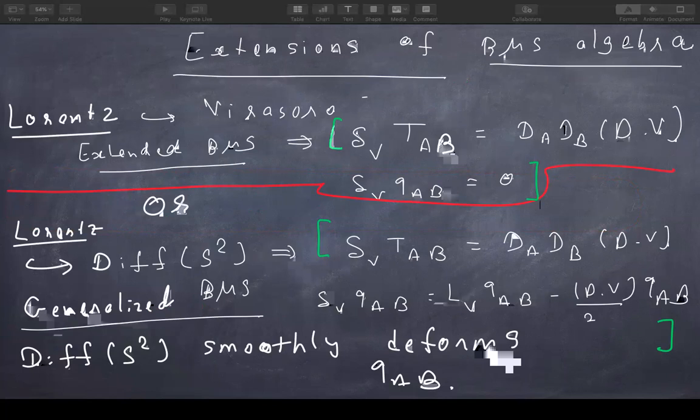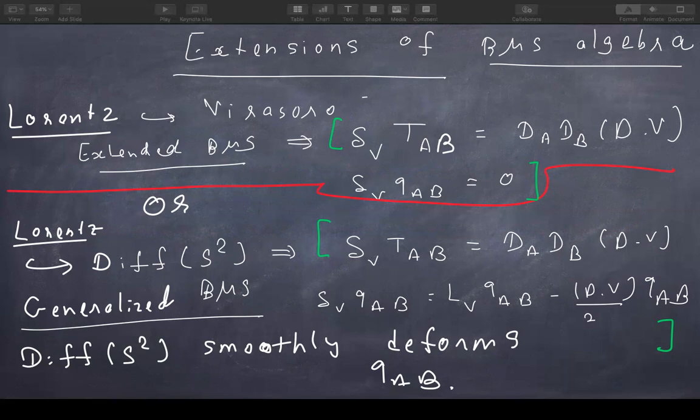One where you enhance the Lorentz algebra to the Virasoro algebra, and the key difference is that when you have these Virasoro symmetries, if your vector field V is a local conformal Killing field instead of just being SL2C, they deform this tensor T. So if you had the Virasoro, then they deform the tensor T in the way that is written there. And away from the points where the vector field has a pole, they do not change the sphere metric.